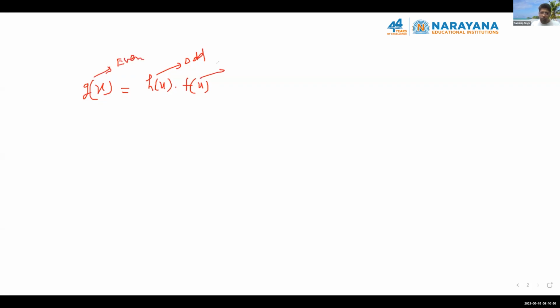So obviously f has to be an odd function. Is that clear or not? Yes, beta. Is this clear?